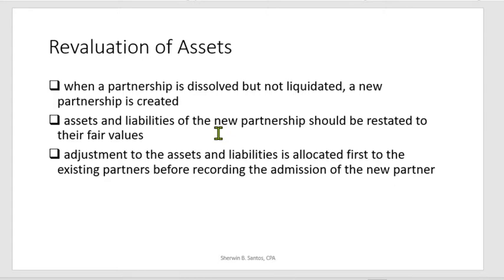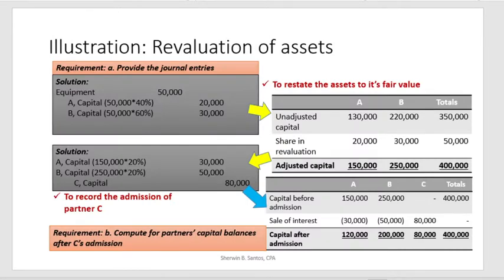So it is just fair and equitable to recognize the adjustments and allocate them first to the existing partners before you admit the new partner. So let us illustrate this.